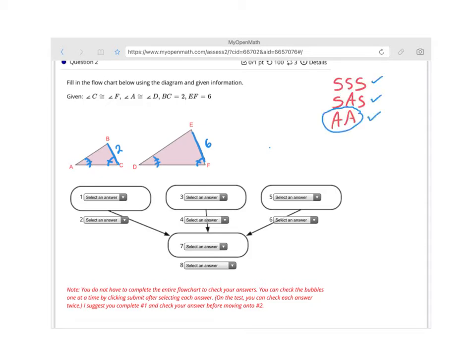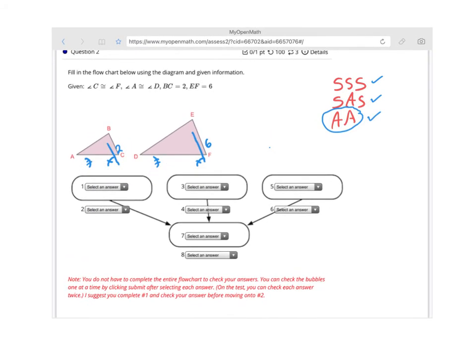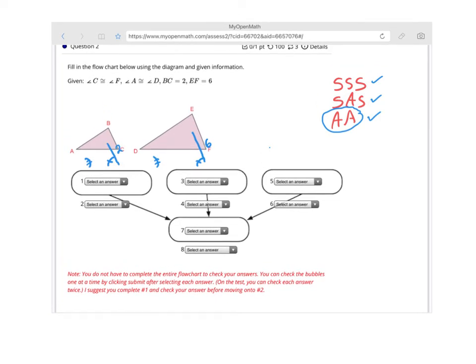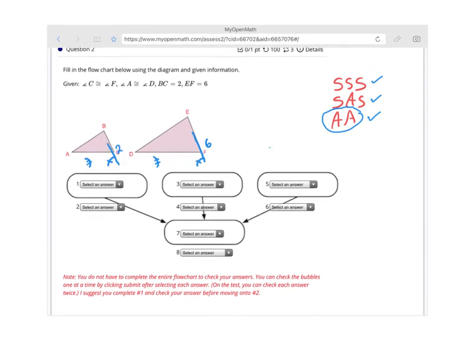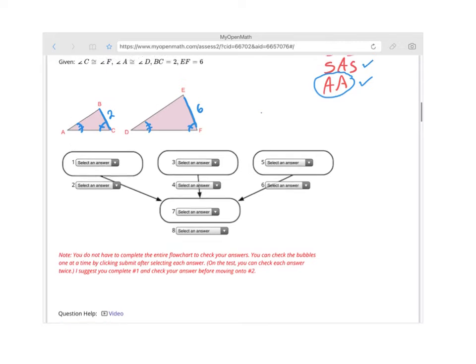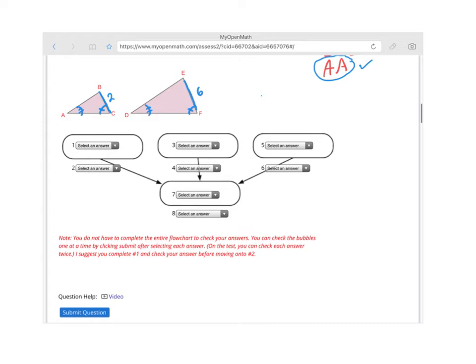So what I'm going to want to do is check each one of these first and then see if it's right. The first one I'm going to do is say, well, I know that angle A is congruent to angle D. So I'm going to click here and find where angle A is congruent to angle D.